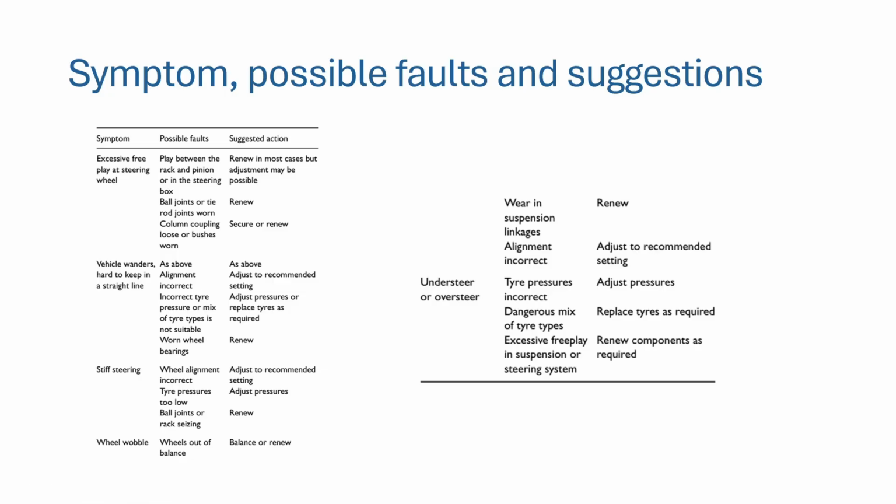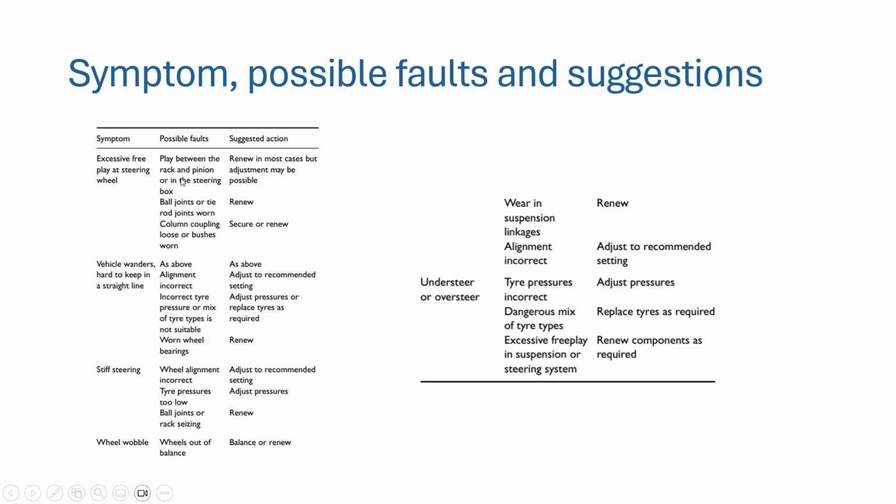Symptoms, possible faults and suggestions in the steering systems. Symptom number one: suppose there is excessive free play at the steering wheel. When you are rotating, a very excessive play is happening without any control. That symptom indicates some types of fault possibility.